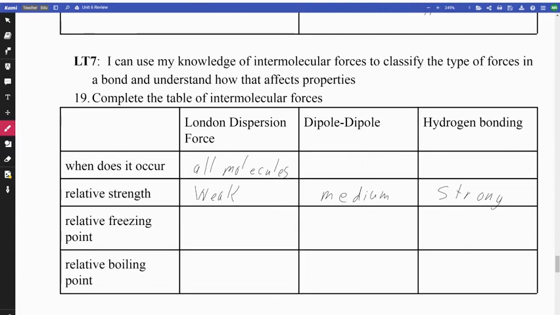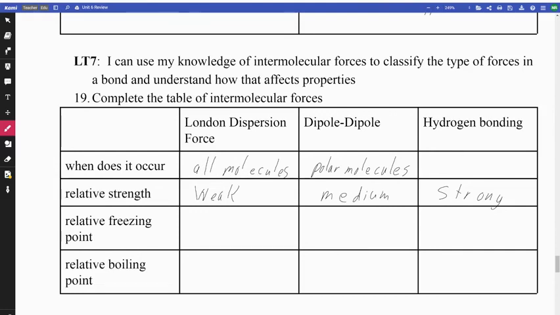If we have a polar molecule, that also has London dispersion. Now, dipole-dipole only exists in polar molecules. If we have dipole-dipole, we also have London dispersion. Just because we have dipole-dipole doesn't mean the London dispersion goes away. It just exists alongside the dipole-dipole.